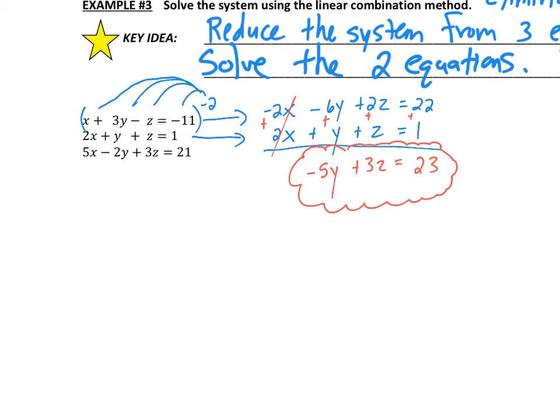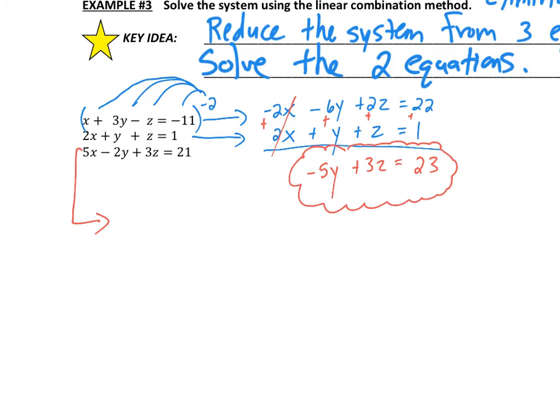So we took the first 2 equations, we canceled out x. Now, we have to take the third equation because we haven't used that one yet. So we got to pick the third equation because we didn't touch it yet. And we have to cancel out x again.